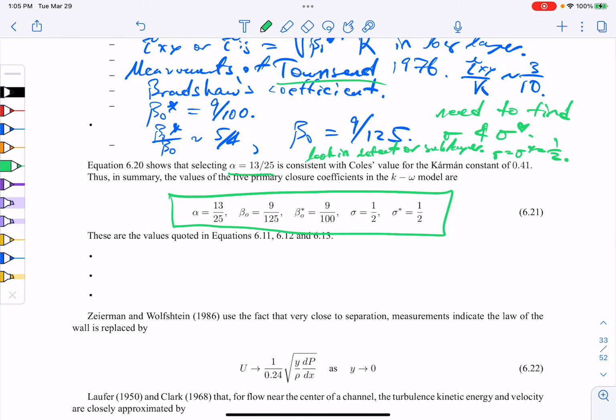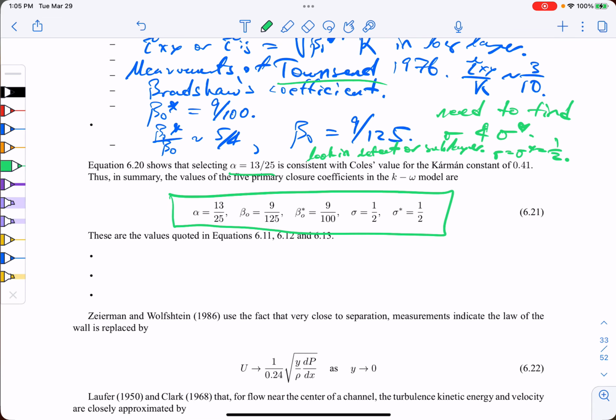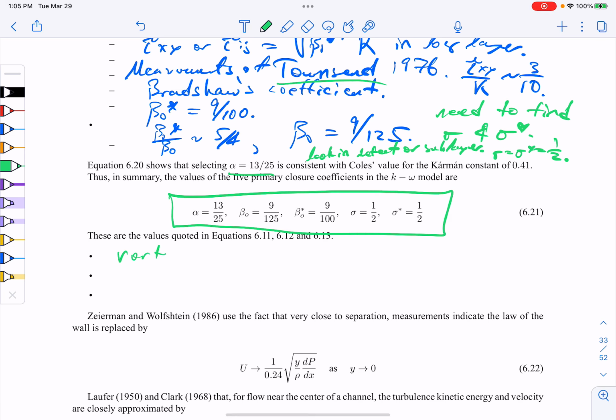So you might say, well, other people decided to try and calibrate these coefficients in other ways, and you might say that could be done based on vortex stretching. That's one popular way. Maybe others might be like some kind of length scales.